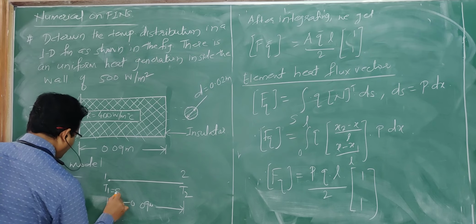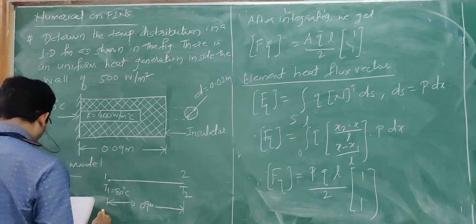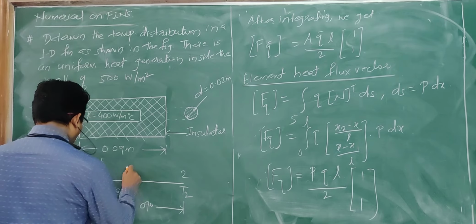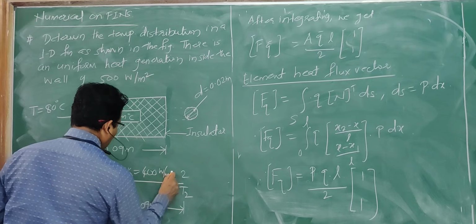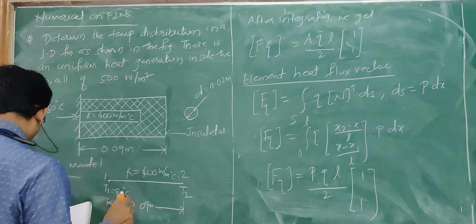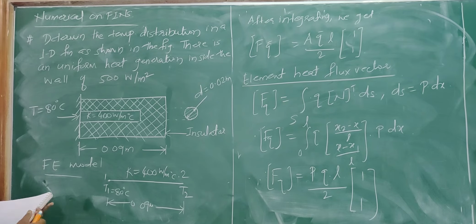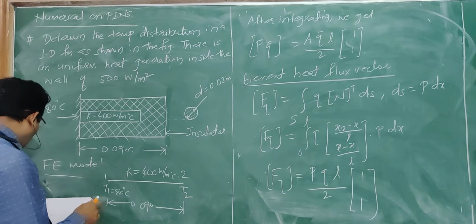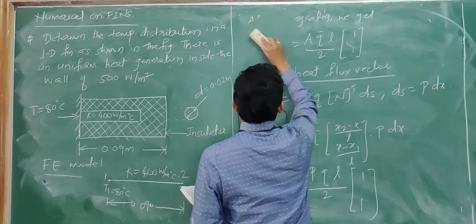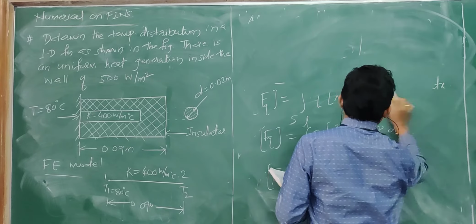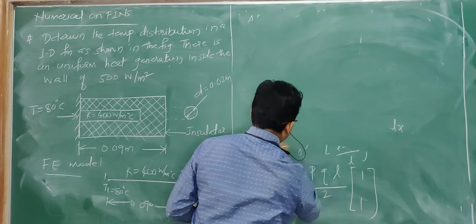So T1 is already specified, it is 80 degrees centigrade. Thermal conductivity is 400 watt per meter degree centigrade. So we need to determine the temperature distribution across this fin element. First I'll calculate as usual the stiffness matrix due to conduction in the fin.